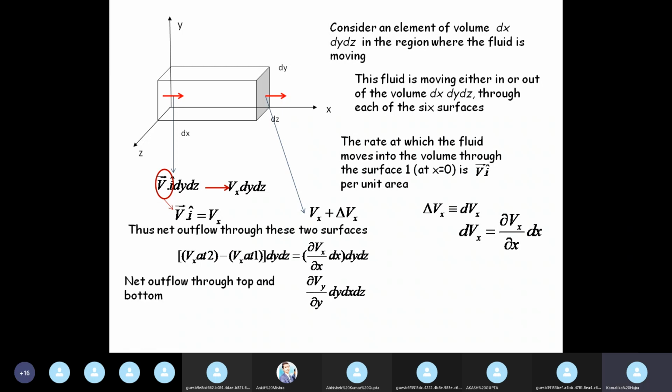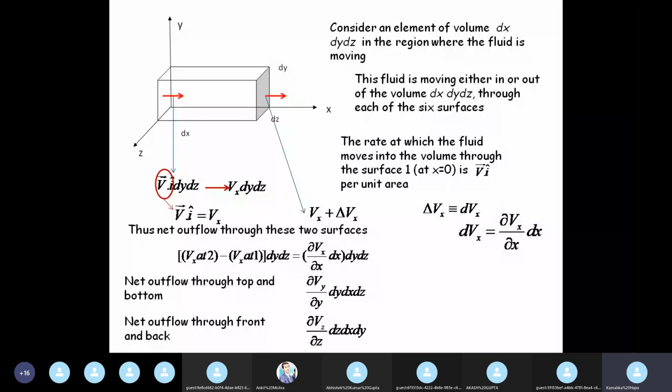Similarly, the net outflow through top and bottom, that is the y direction, will be given by del Vy del y dy dx dz, and the net outflow through the front and back surface, that is the z direction, is del Vz del z into dz dx dy.